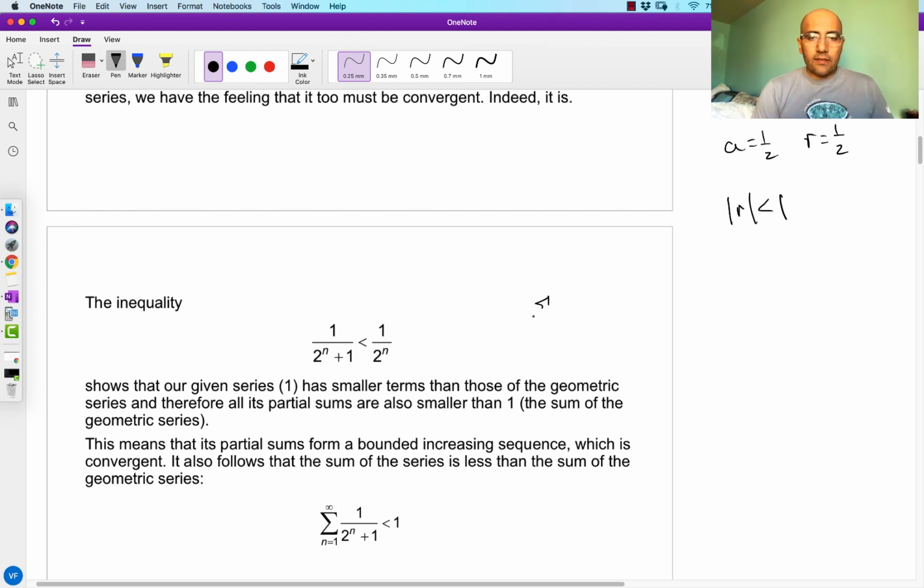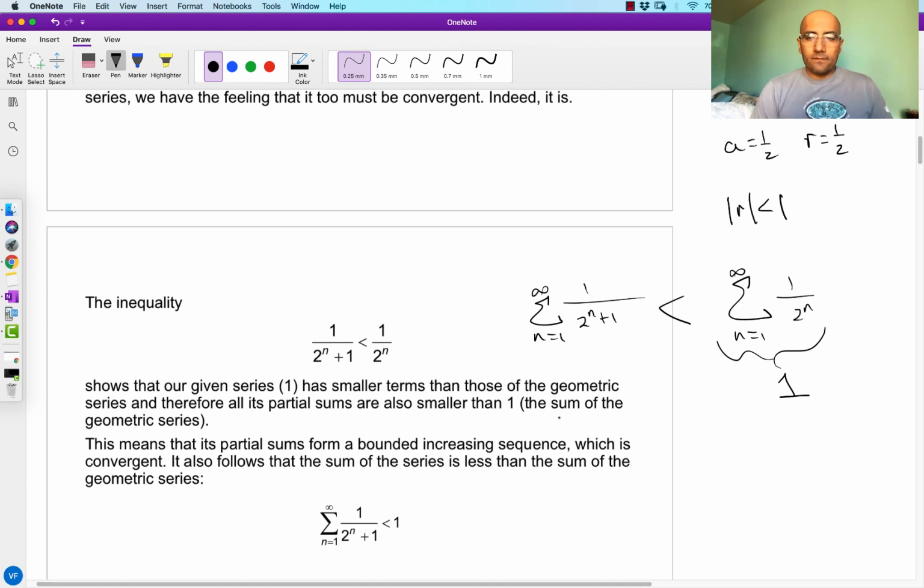Therefore, we compare the sum of 1 over 2 to the n plus 1 to the sum of 1 over 2 to the n as n goes from 1 to infinity. We know this whole thing equals 1, and this must be less than that, because on a term-by-term basis, each one is smaller. Good. So that's how we can conclude this.